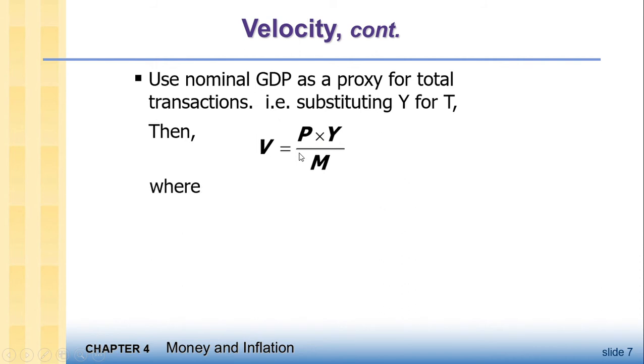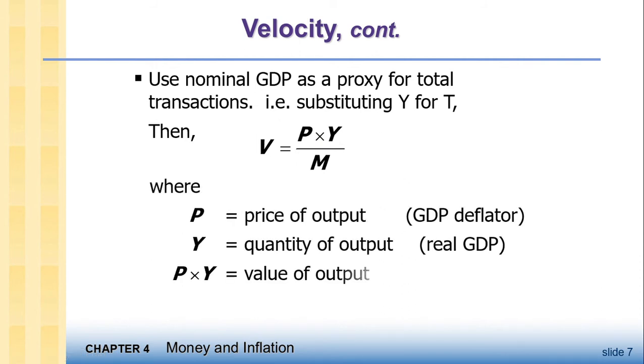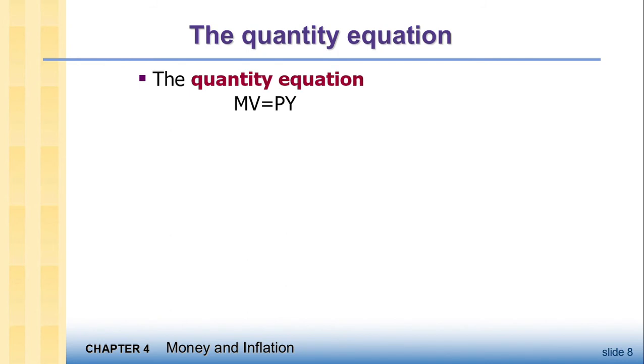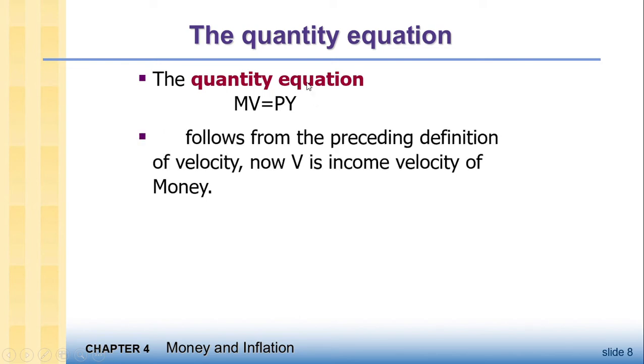So the quantity equation is MV equal to PY, where V is the income velocity of money. Earlier it was transaction velocity, now it is income velocity of money, given the money supply, price level, and the real GDP of the economy.